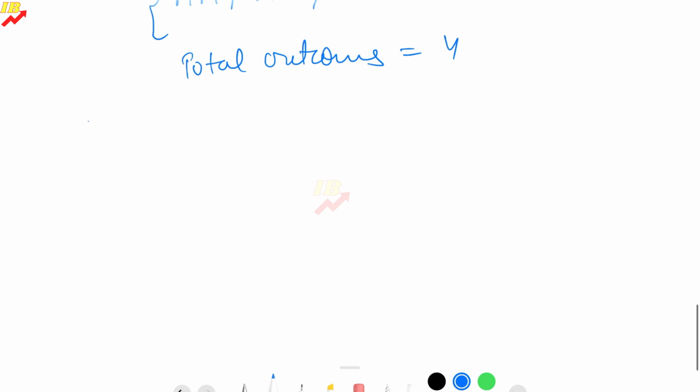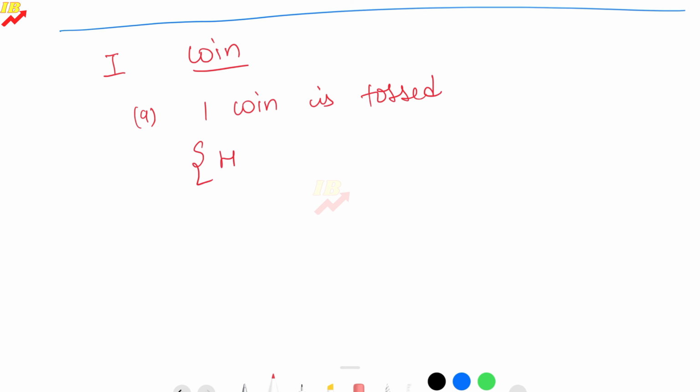I'll be taking up three cases to make sure that we all understand it in a better way. Let's take the coin case again. So, first case belongs to the coin. Coin case means if I am saying that we are tossing one coin. So, as I already told you, we'll be getting two outcomes, which is head and tail. So, I wrote here, and my total outcomes are TO, which stands for the total outcomes here.